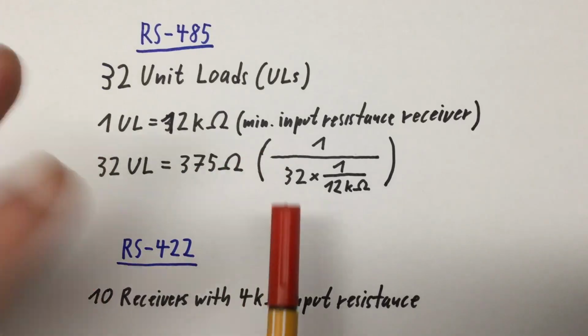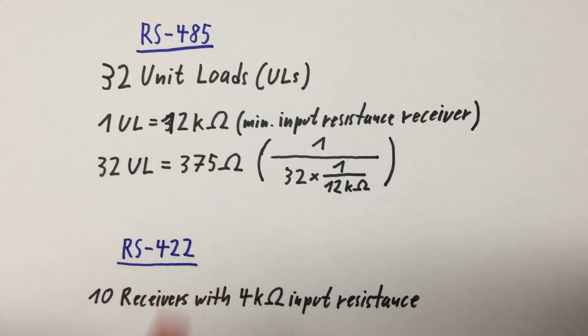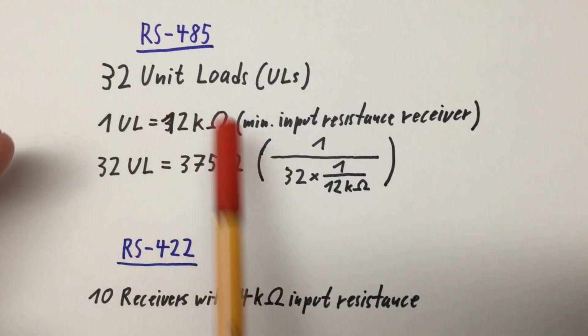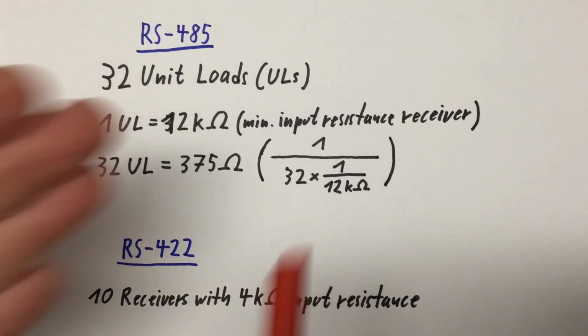And that's in parallel to the two termination resistors. And I think I totally forgot to mention that in the RS-422 videos, but there you are allowed to connect up to 10 receivers with 4 kilo ohm input resistance to the bus. Of course, if you have receivers with higher input resistances, you can connect more.